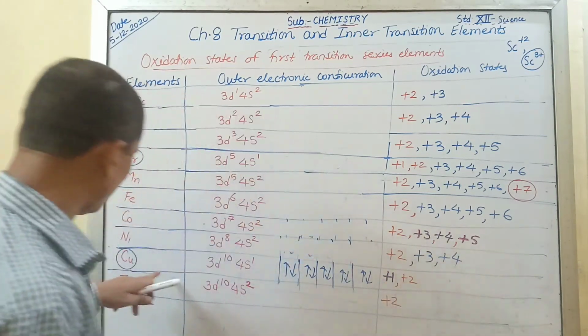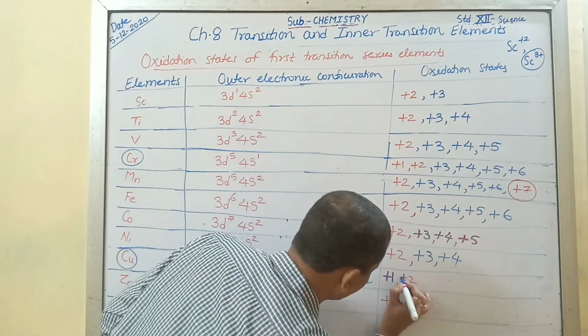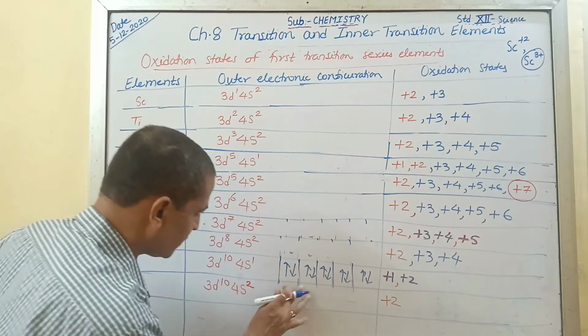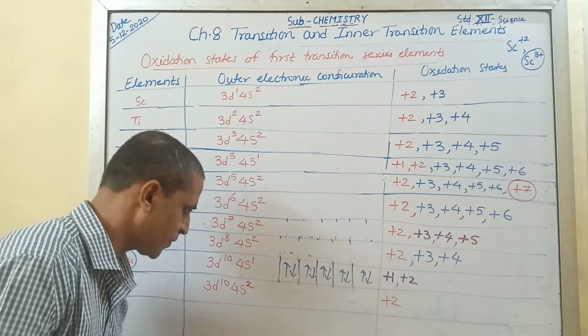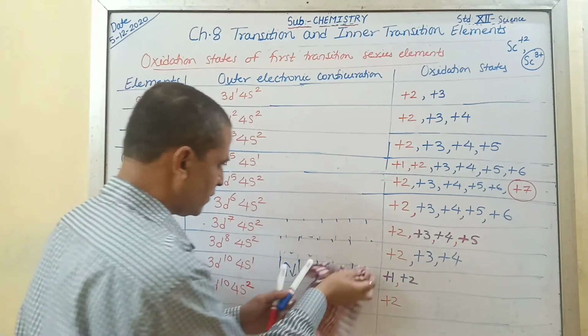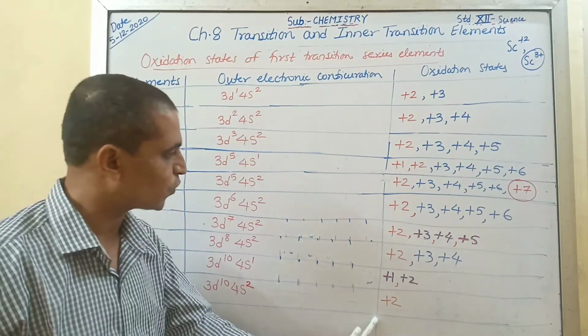But it can show 3d9 4s2 and therefore it possesses +2 also. Similarly for zinc, 3d10 means all the electrons are paired and therefore it shows only +2 oxidation state.